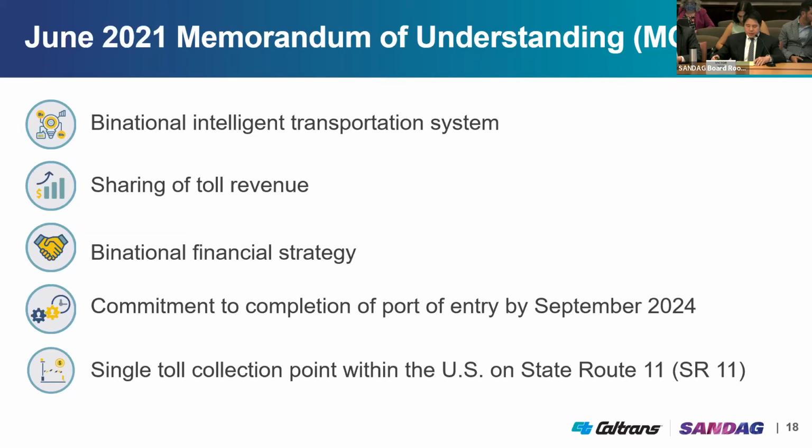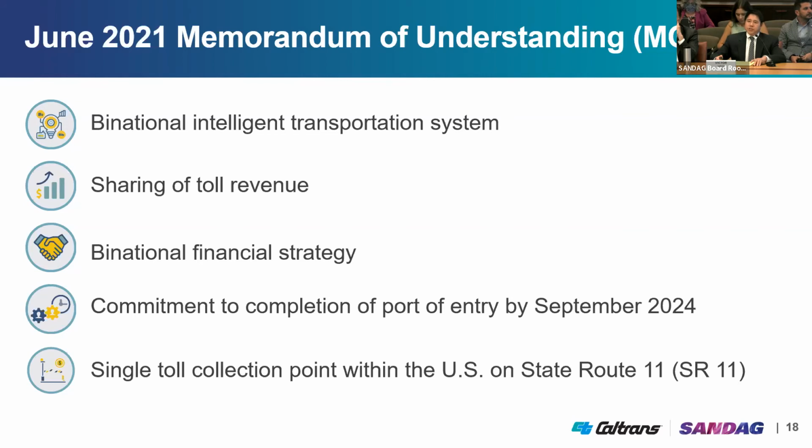So I'd just like to discuss the existing June 2021 Memorandum of Understanding that was signed last year. This MOU presents a framework for future binding agreements to develop and operate the Otay Mesa East Port of Entry project, Mesa de Otay Dos on the Mexican side. And the agreements include several with the government of Mexico.